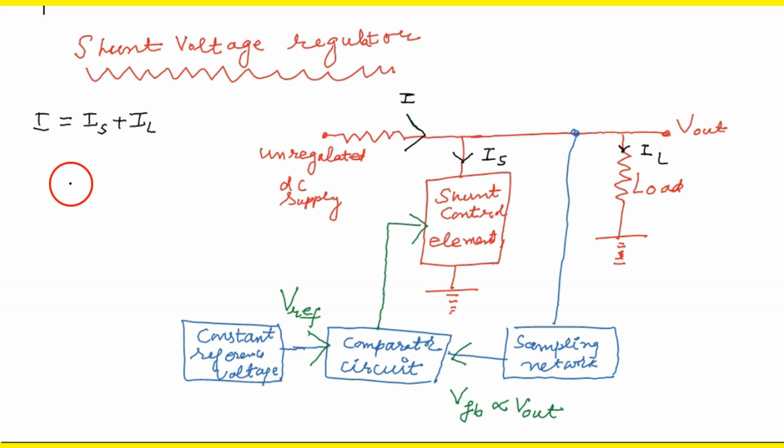If IL changes, then IS has to change so as to keep the output voltage constant. IL changes because of the load. So to keep the output voltage constant, IS has to change.